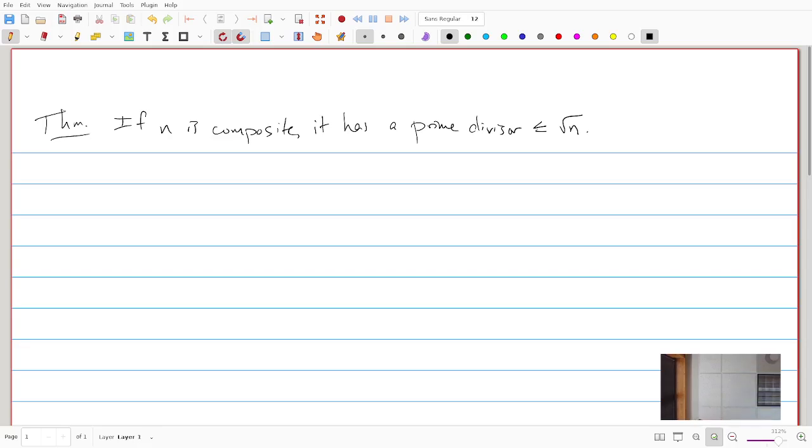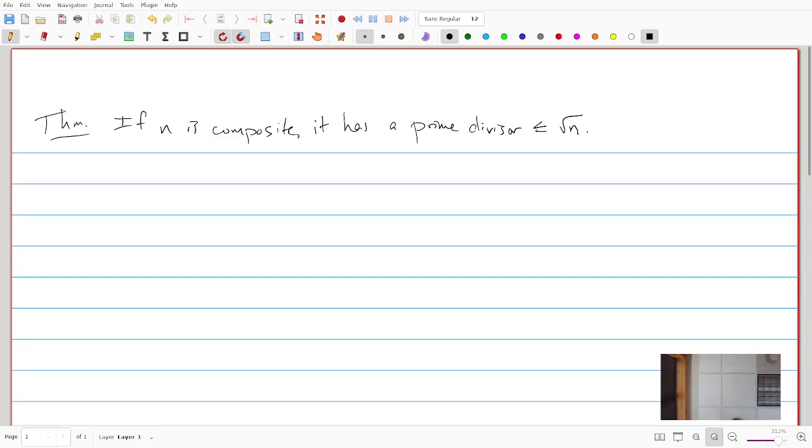Let me first say something about the practical implications of this. One very practical application is, if you're trying to figure out whether a number is prime by trying out possible divisors, you can stop when you get to the square root of n. If you haven't found one by then, you're not going to find one if you keep looking, because this says if there is one, you'll find it by the square root of n.